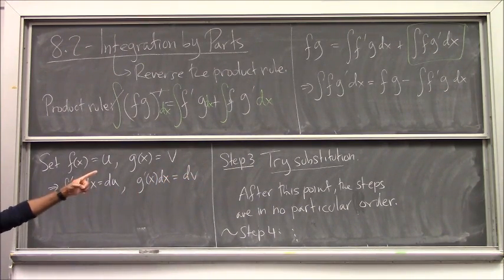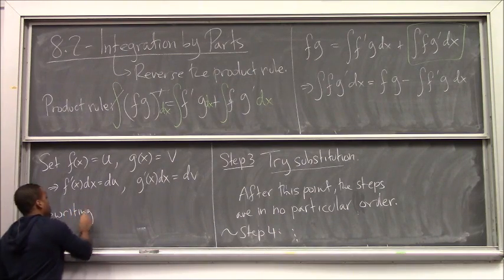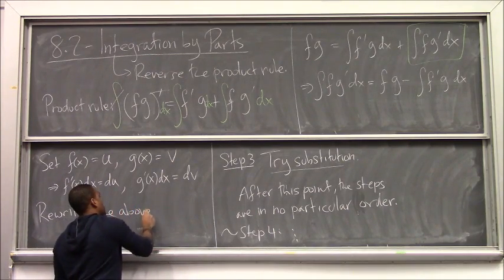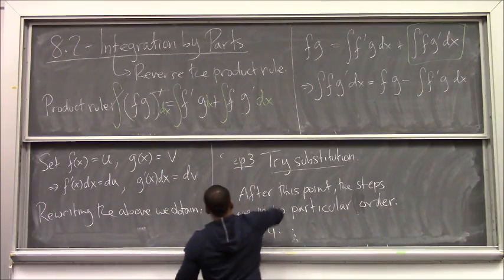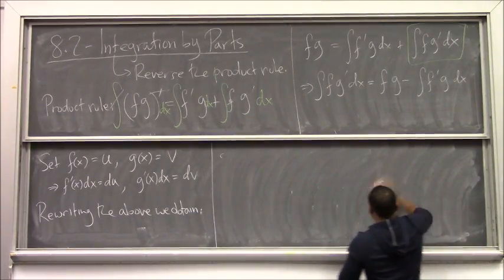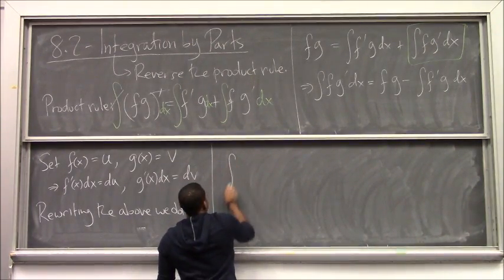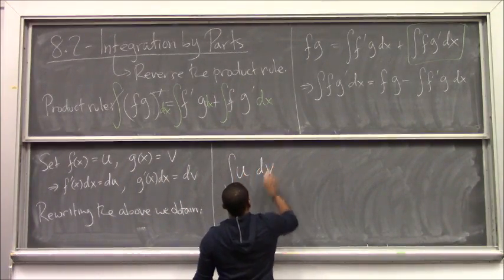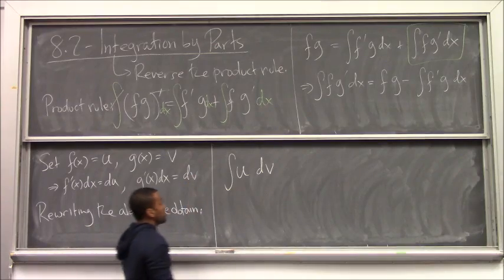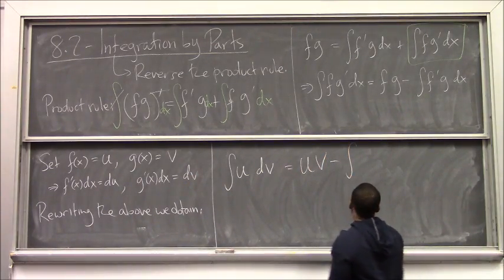And I'm just going to rewrite that same formula with u's and v's instead of f's and g's. So, writing the above, we obtain the integral of f, which is u, g prime dx, which is dv, is equal to f, which is u, times v, minus the integral.